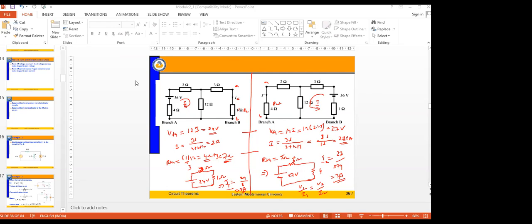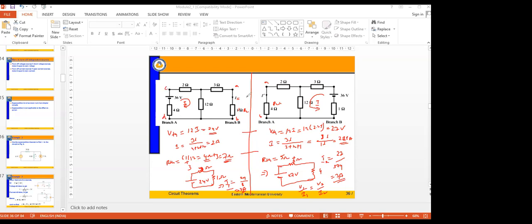But that is in the context of a two-port network. We are considering these terminals A and B as output, and we can consider these two terminals C and D as inputs.